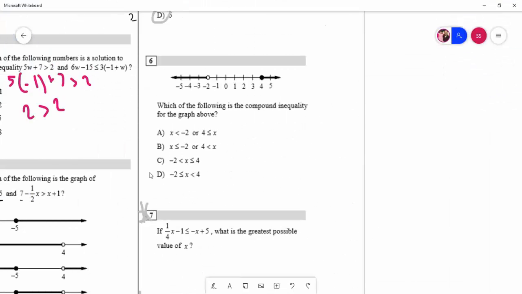Let us see whether this is right or wrong. So you're having the number line in which, let us take the unknown as x, which is already in the question. x has to be greater than or equal to 4, right? Yes. And x has to be less than -2, because it's a hollow circle.